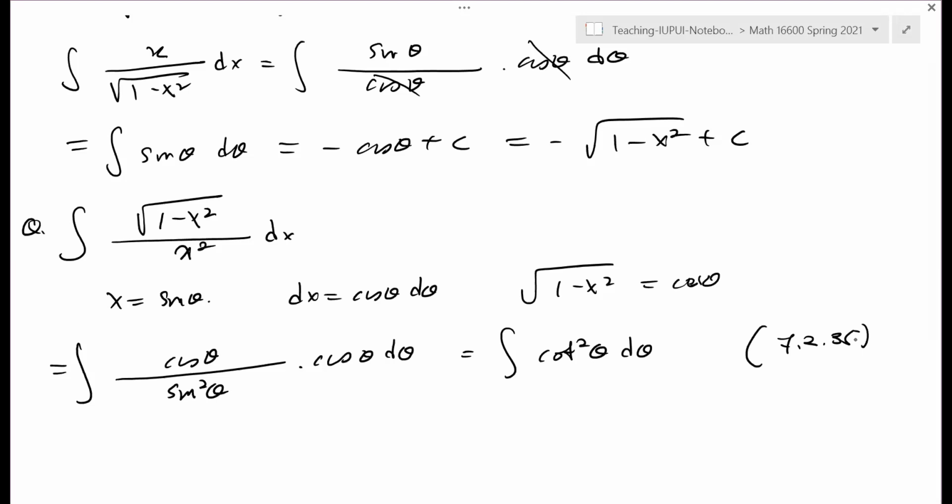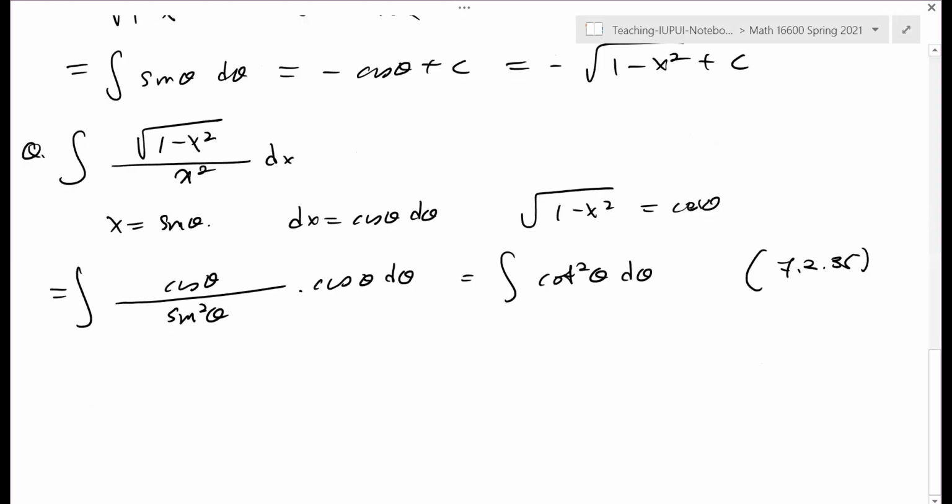All right, so what is the next step? You have to know lots of identities in order to solve it. It's different if without this cosine theta, I could use another substitution. Now there's a cosine theta square, and there's no way I can use the traditional substitution to simplify it. I cannot even use integration by parts.